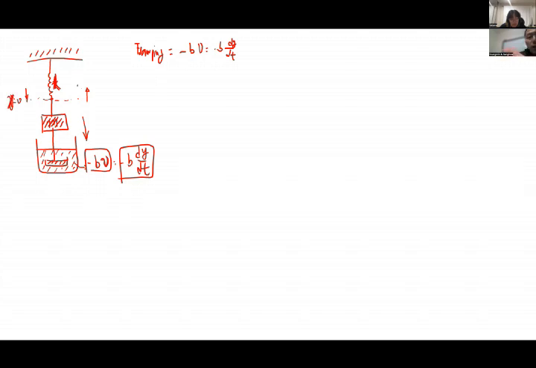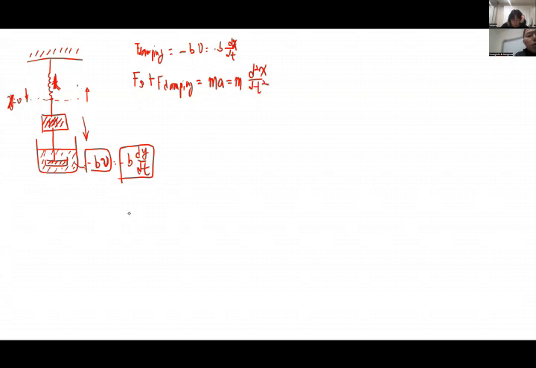Basically the spring force plus the damping force should equal the main part of the Newtonian system, which is mass times acceleration, m times d squared x over dt squared.